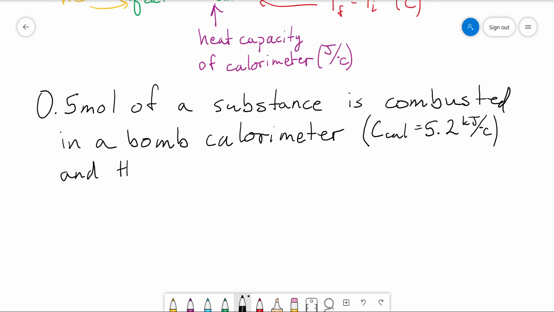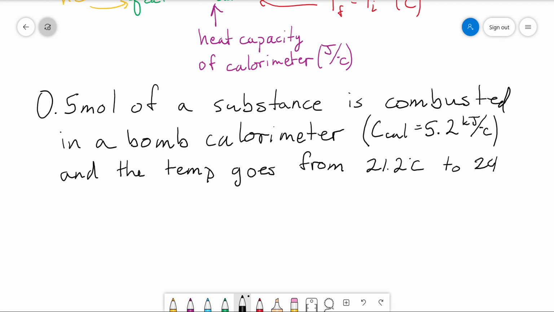And the temp goes from 21.2 degrees Celsius to 24.3 degrees Celsius. What is delta E of that reaction in kilojoules per mole?